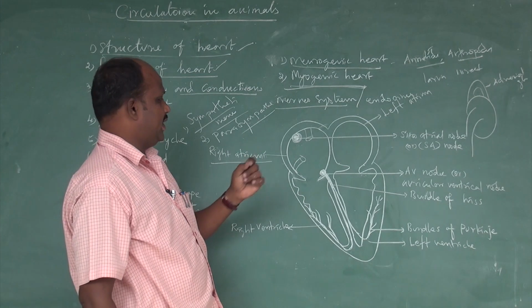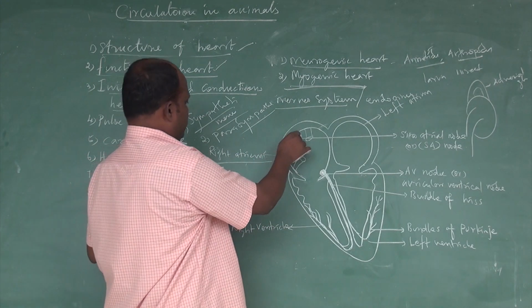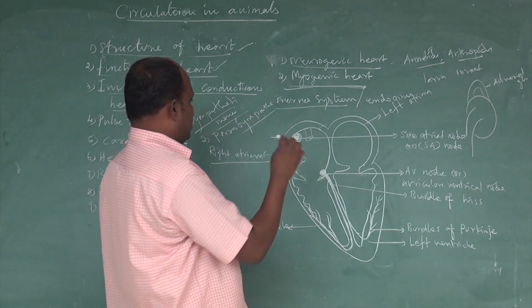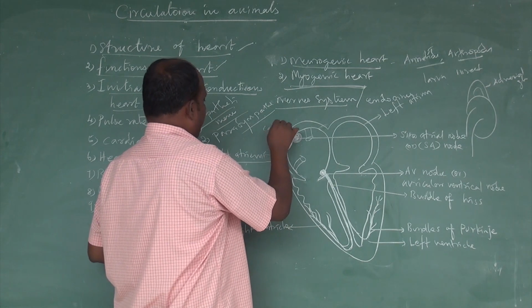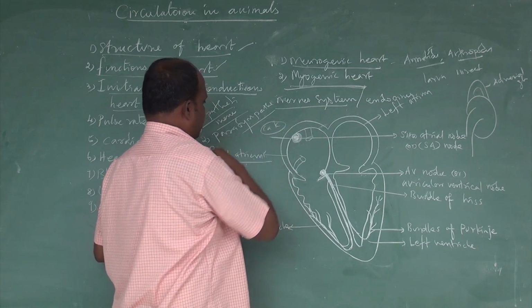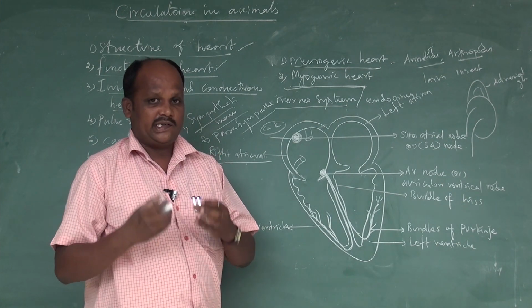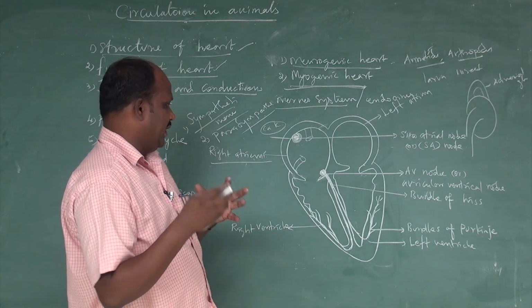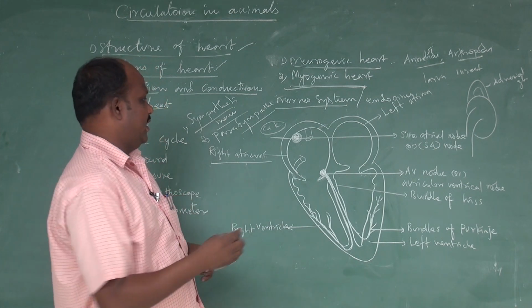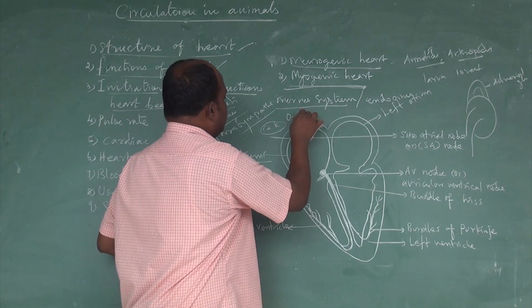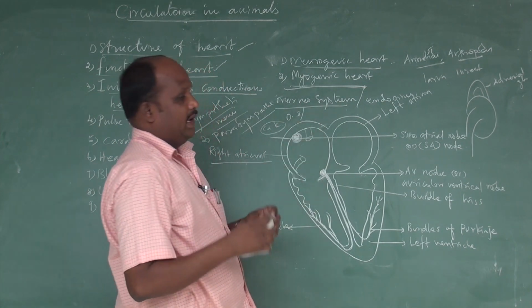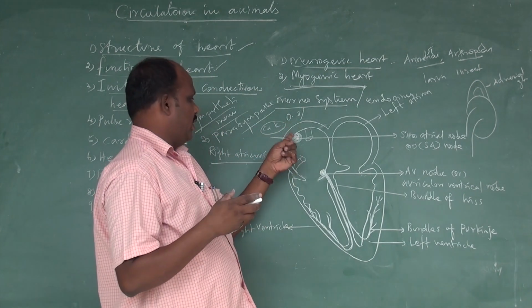The sinoatrial node contains special minerals: calcium and potassium. These two minerals generate the action potential, which means electric power. This electric power is produced at 0.03 second by the sinoatrial node.